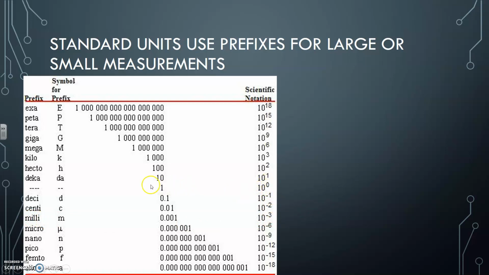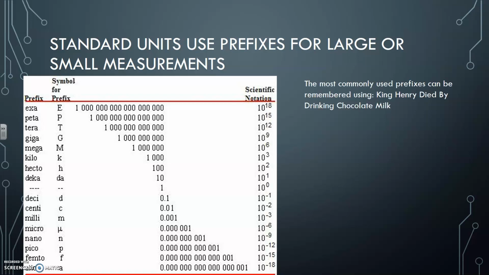Your base is just 10 to the 0, because 10 to the 0 equals 1. Then you step up to 10 times, 100 times, 1,000 times, and then up to 1,000,000, then 1,000,000,000, and so on. So it's these 3 on either side of the base unit that are a little bit more specific. Hopefully that makes sense. If not, it'll make more sense once we deal with scientific notation.